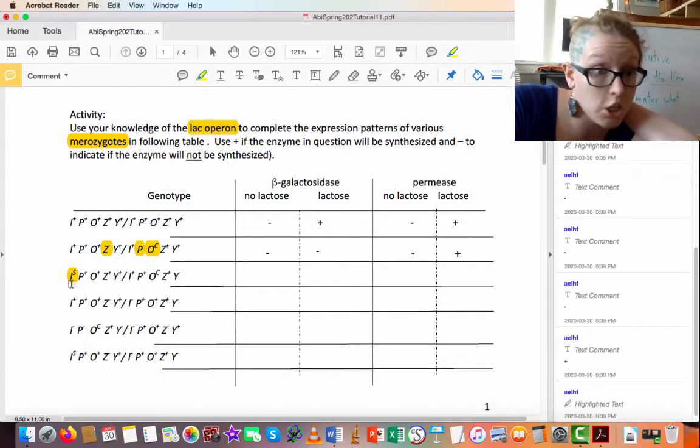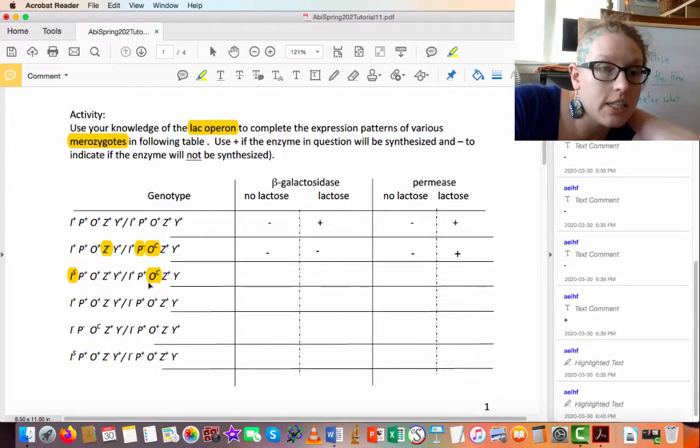No matter what, our super repressor is interested. It's going to bind. Doesn't care whether or not there's lactose. And we have a constitutively active operator on the other side, but remember that the repressor is trans-acting. So it's going to interact with all the things.